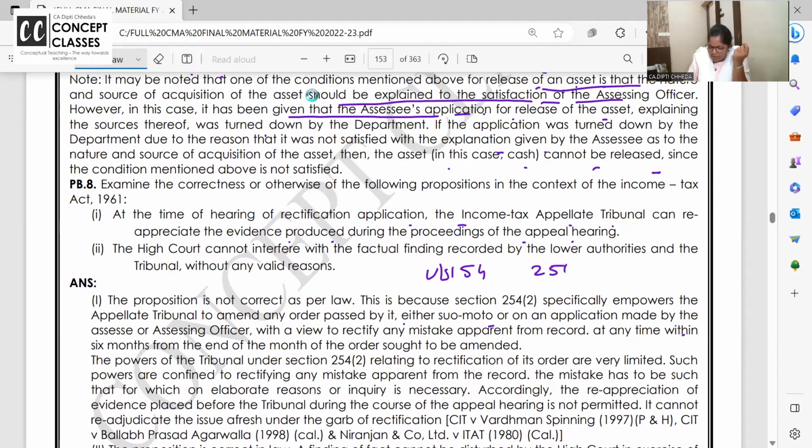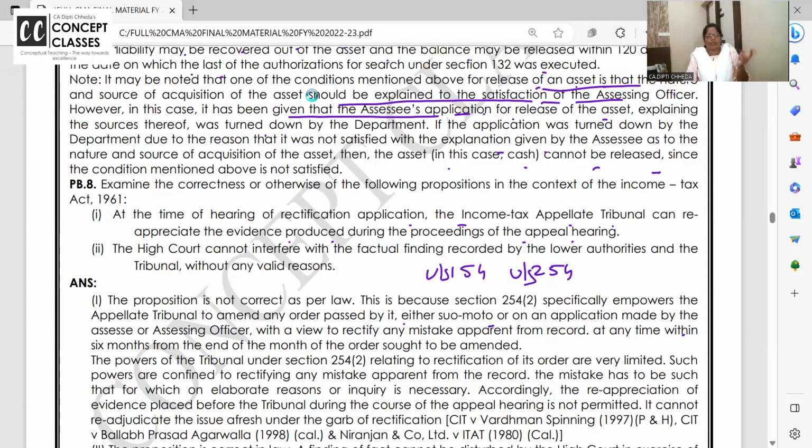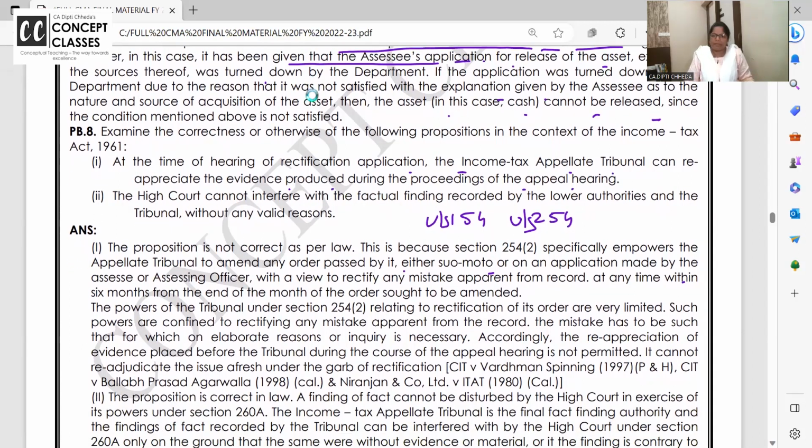But ITAT rectifies its own order under 254. At the time of hearing of a rectification application, can the Income Tax Appellate Tribunal reappreciate the evidence produced during the proceedings?